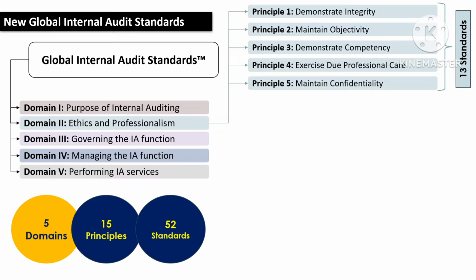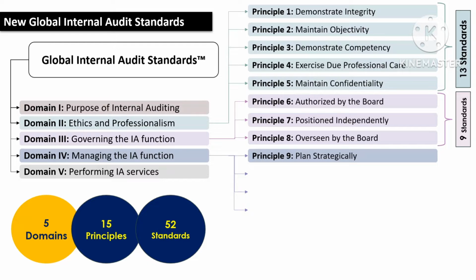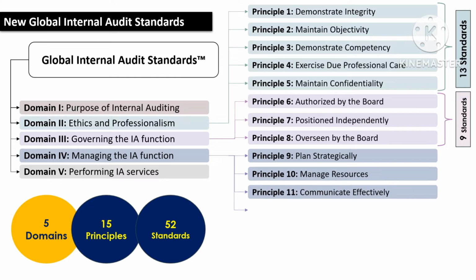Domain 3, governing the internal audit function, has 3 principles: authorized by the board, positioned independently, and overseen by the board. It has 9 standards. Domain 4 carries 4 principles: plan strategically, manage resources, communicate effectively, and enhance quality. So managing the function, you can see it is more relevant, and the topics are all really linked.